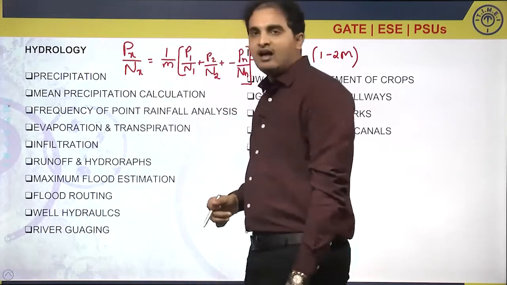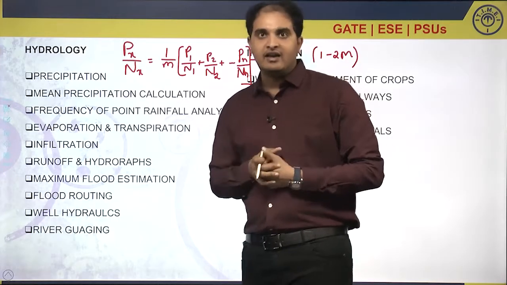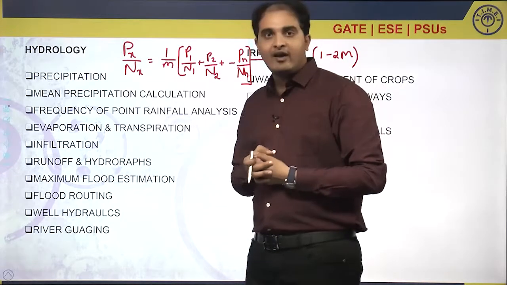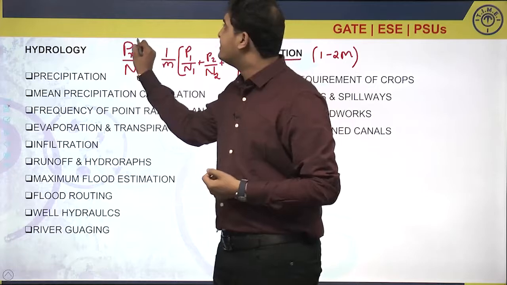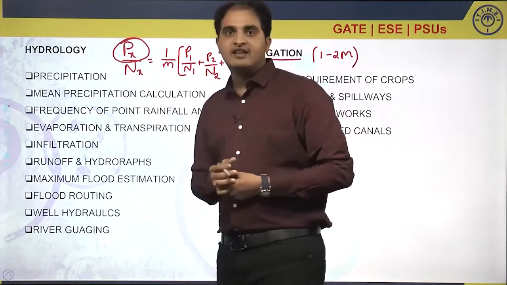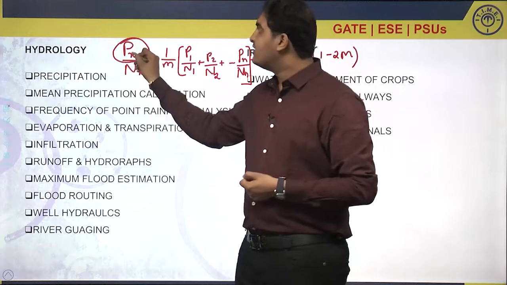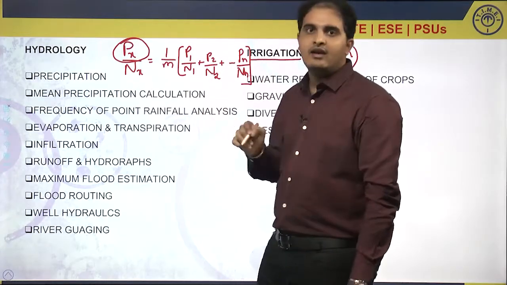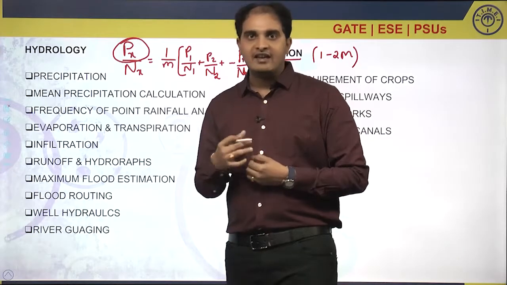That means I am assuming there are some n rain gauges in a catchment area, out of which one rain gauge is not working. That means we cannot have the data of that missed rain gauge station. I am assuming it as Px. That means there is a rain gauge station X which stopped working, for which we need to find the precipitation value. And P1, P2, so on Pn are the precipitation values recorded by various rain gauges.